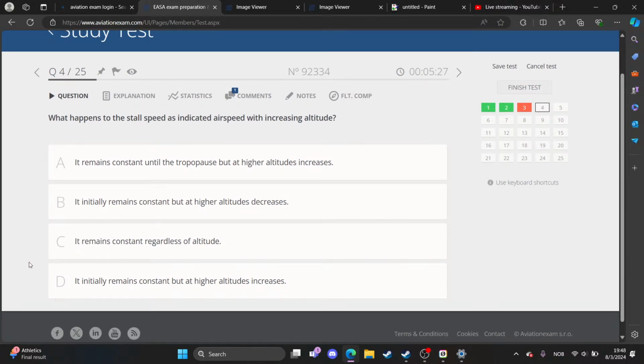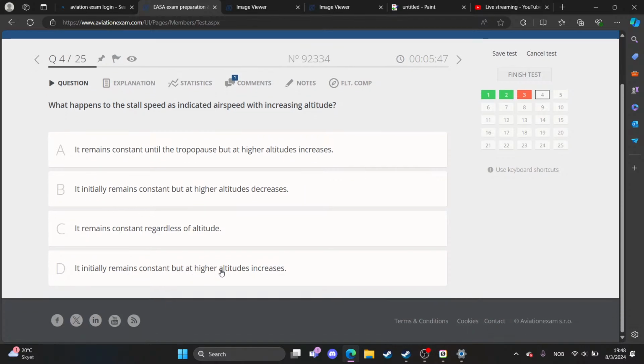So, oh boy, it remains constant until the tropopause. It remains constant but at higher altitude decreases. It initially remains constant but at a higher altitude decreases. This one, it initially remains constant but at a higher altitude it increases.